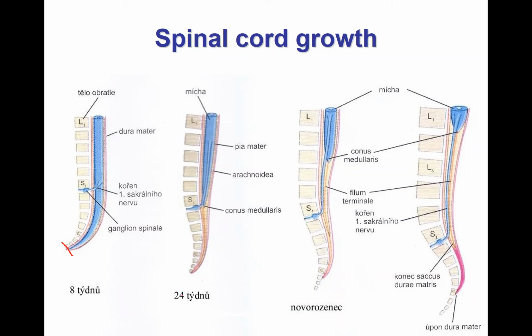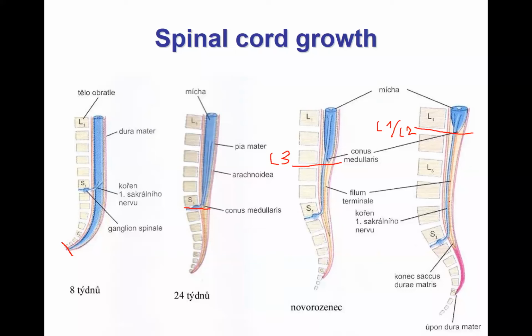But then in 24 weeks, it's already at the level of C1, which is not so important for us. But what is important for us is where it is during adulthood and where it is after the delivery. So after the delivery, the level is L3, but then finally the level is L1, or the intervertebral plate L1, L2.